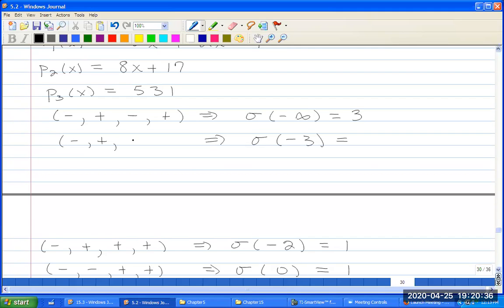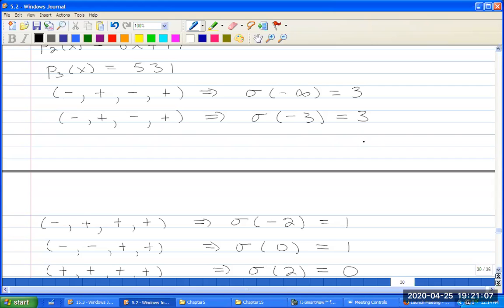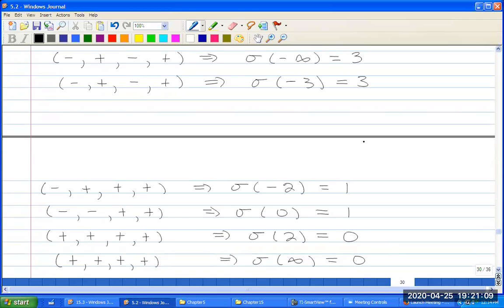Oh, so there are no roots there. There are 2 roots between, no, there's 1 root. There's 2 roots between negative 3 and negative 2. Really? Okay. There, 1, 1, 2, 3. Yeah. So that means there are no roots that are less than negative 3. Okay. There is 2 roots.